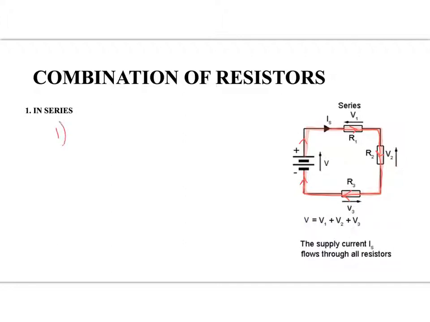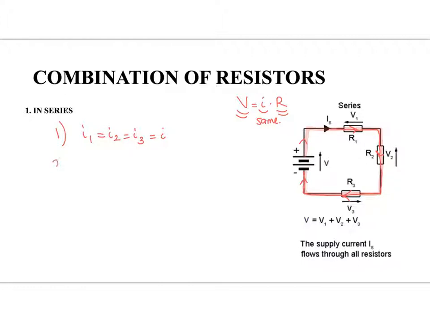So the first property: the current passing through each resistor should be equal to each other, which is equal to the current in the main circuit. Now, as the voltage is equal to the current times the resistor, and they have the same current, the voltage across each resistor will depend on its resistance value.